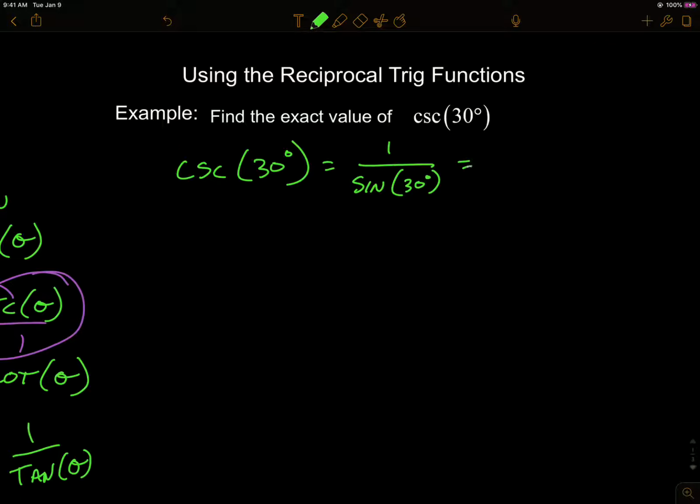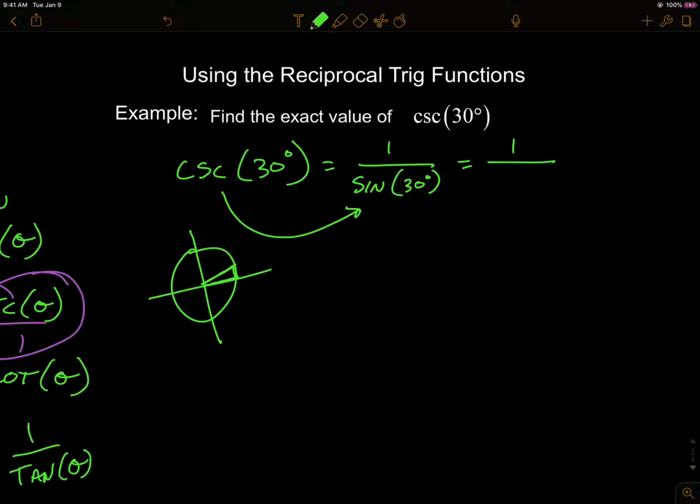Now, since I rewrote this in terms of sine, I can use my unit circle. 1 over the sine of 30 degrees. At this point, I'm hoping you can start to not need to have your unit circle, but you'll be able to understand it. To find sine of 30 degrees is that low, flat one over here.